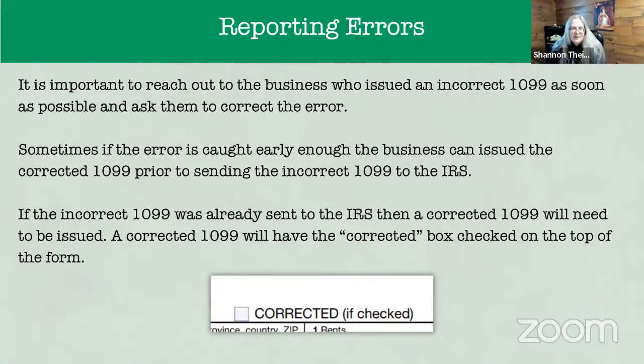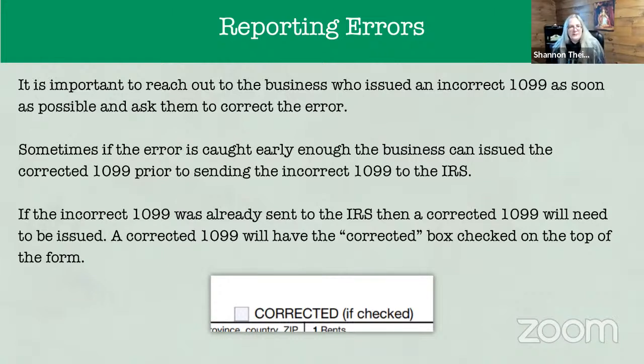If you're correcting a form, you always want to put the correct information and mark the corrected box. If you're paper filing, you will just mark the corresponding 1099 form on the 1096.